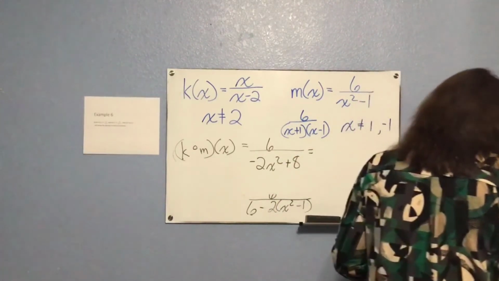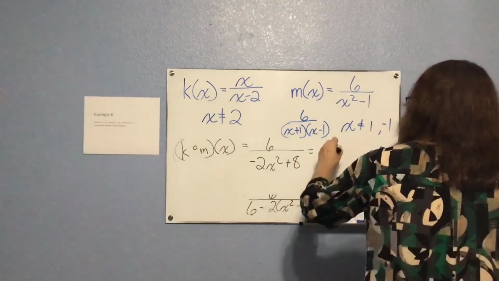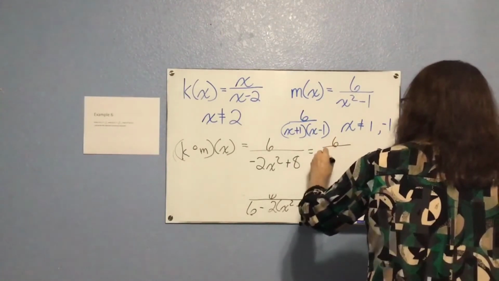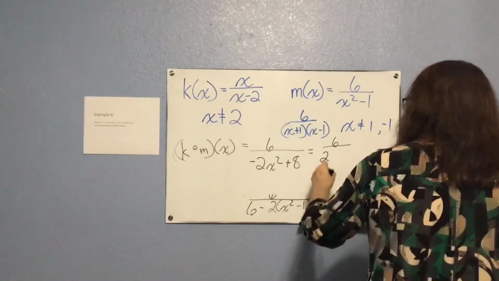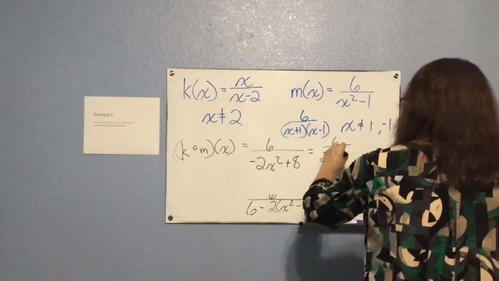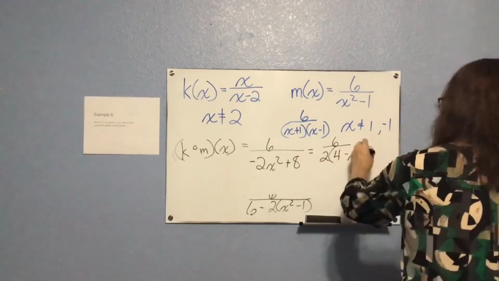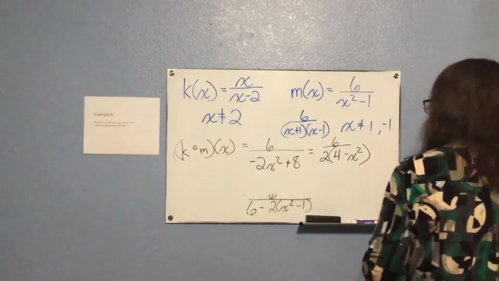Okay, I'm going to factor that. And I'll have 6 over 2 times, I'm going to do 4 minus x squared. So I have the difference of 2 squares there.